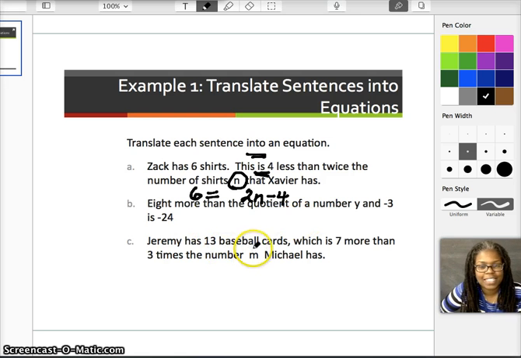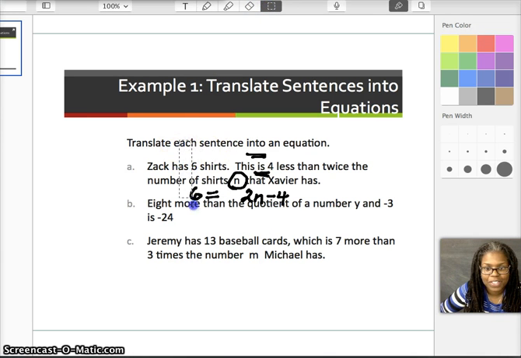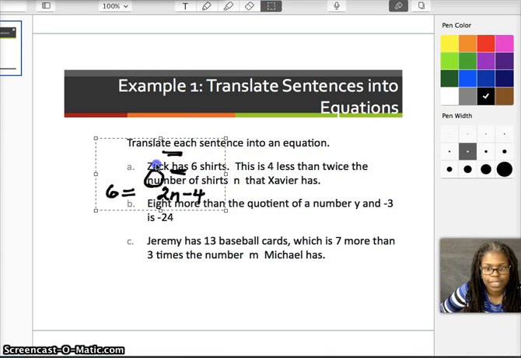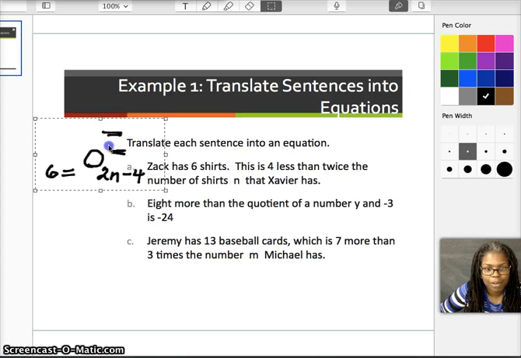Let's take a look at this next example. It says 8 more than the quotient of a number y and negative 3 is negative 24. What I'm thinking is I want to move some of this stuff out of the way, so we can see a little bit better what we're talking about.